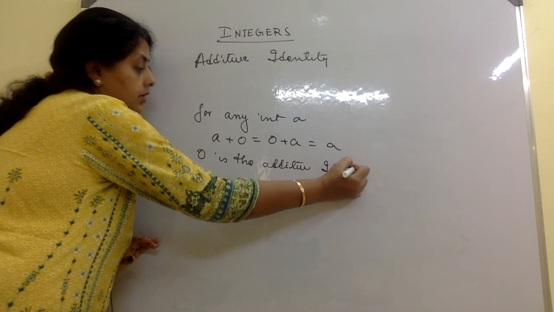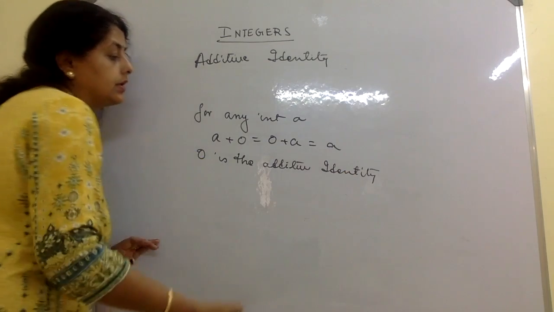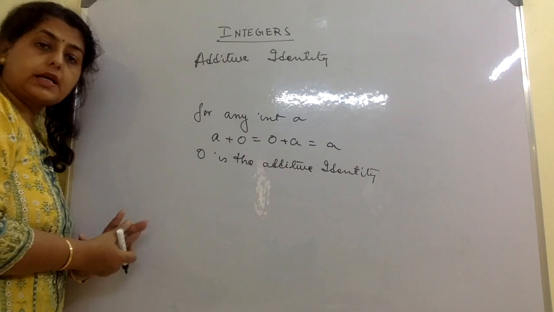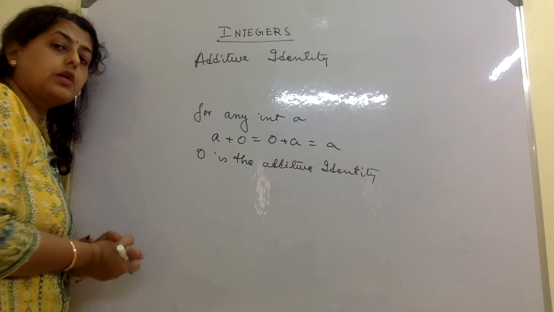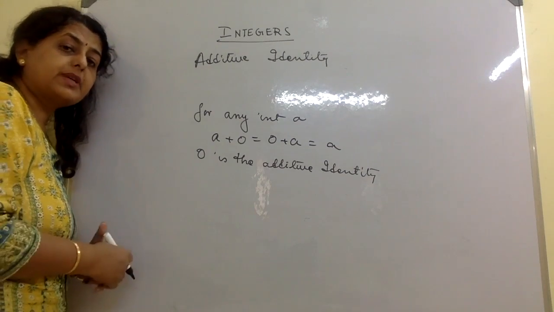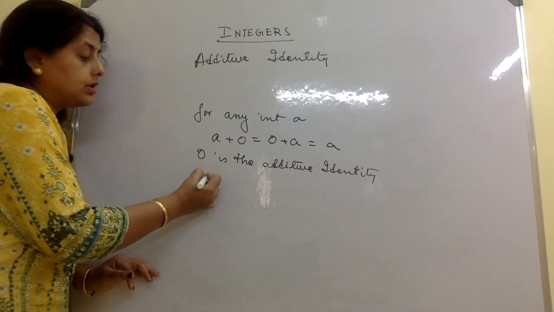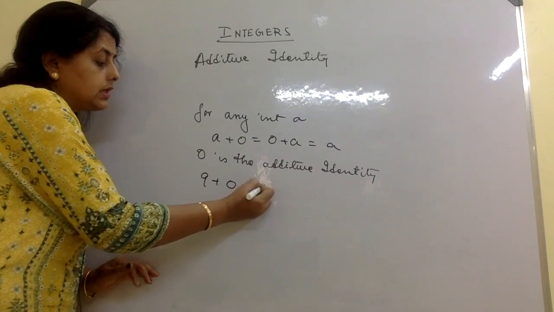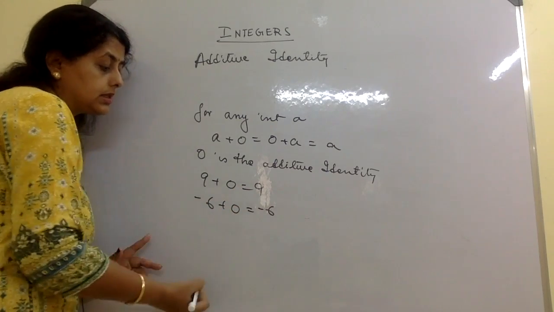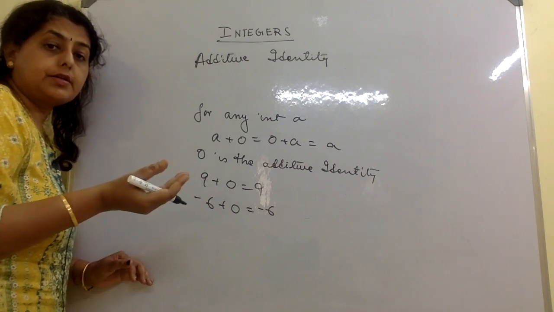Now remember one thing, here we are talking about integers, so there is a particular additive identity for integers. When we go for natural numbers or whole numbers, they will all have their respective additive identities. So 9 plus 0 is 9. Okay, minus 6 plus 0 is again minus 6. Therefore, what is the additive identity?